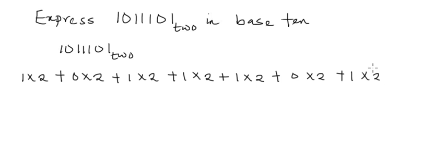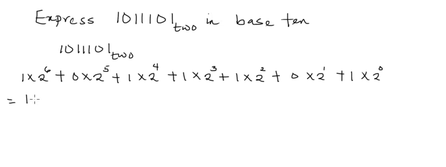So we allocate powers, and that becomes 0, 1, 2, 3, 4, 5 and 6. Having allocated powers, we can now solve.